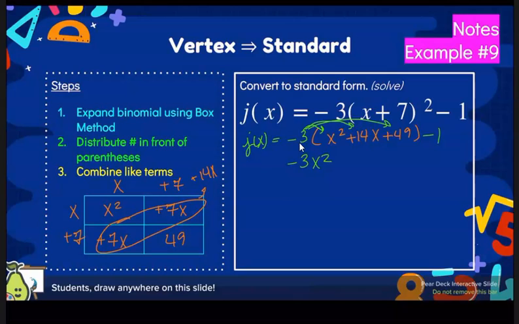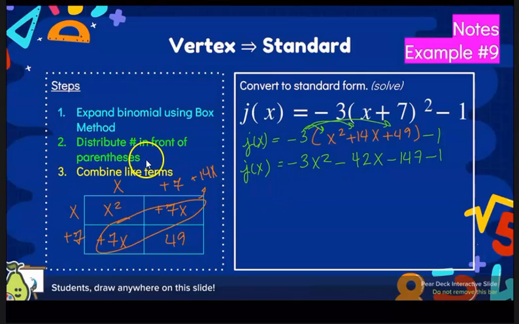Negative 3 times 14 is negative 42x. And negative 3 times 49 is negative 147. Now we didn't do anything with this minus 1, so I'm going to bring down the minus 1. Now we have j of x equals negative 3x squared minus 42x minus 147 minus 1.